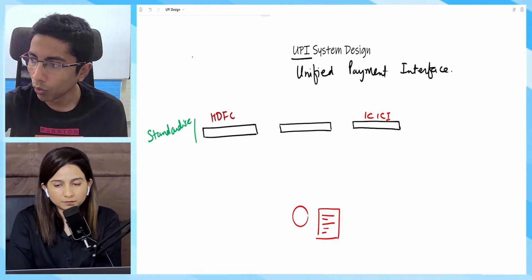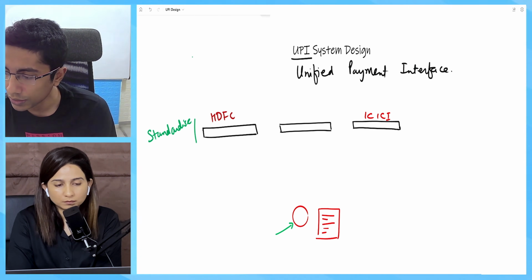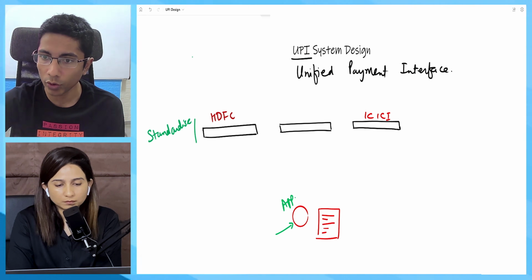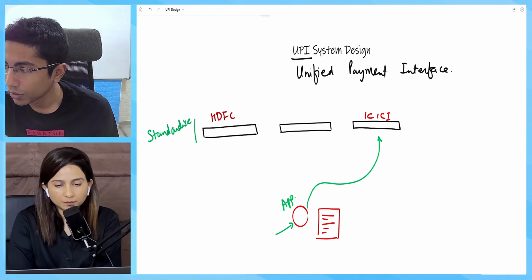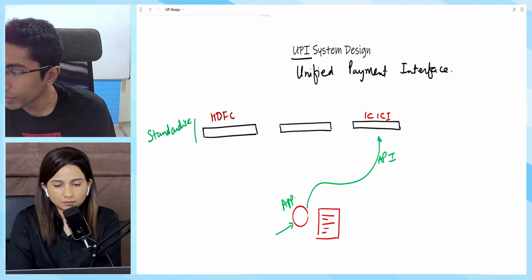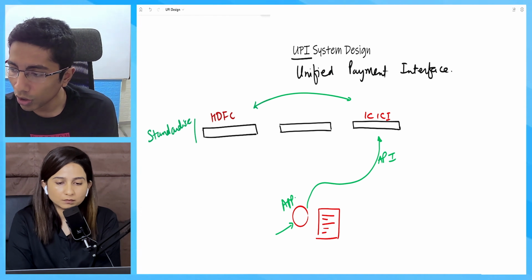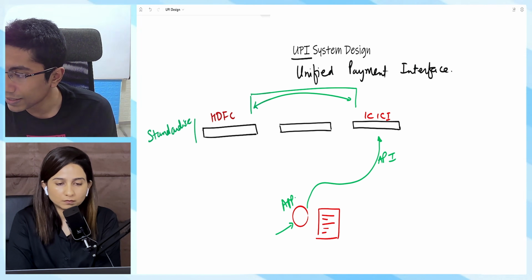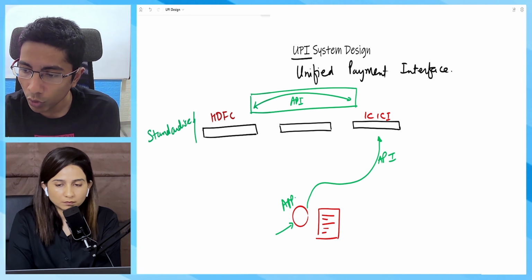One of the things that we can do as an end user, or as an app, let's say there's an application which takes payment from one person to another, is to connect with this API and mention that I need to make a transfer between these two banks. Now, it's not like these APIs didn't exist earlier. These APIs did exist, but UPI has standardized them to a larger extent.